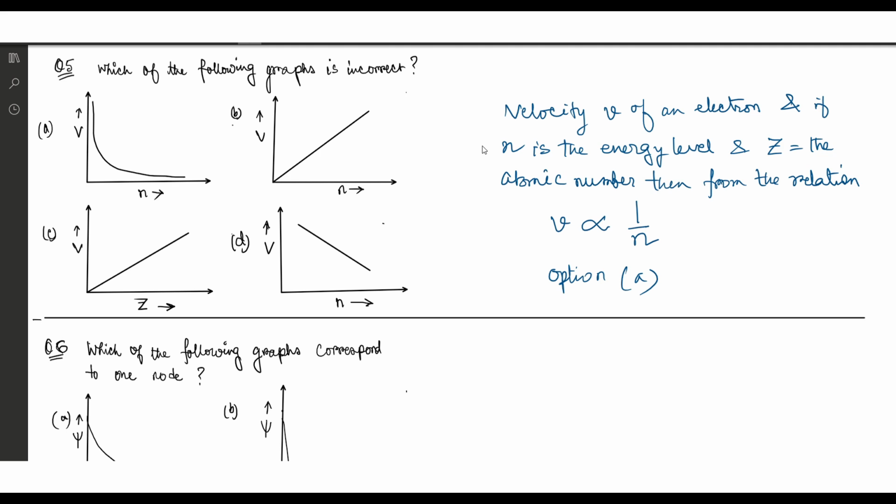No, it must be 1 by n, like this. So here option D. Sorry, this problem is option D. It will be option D. Okay, you understand? Due to this relation.